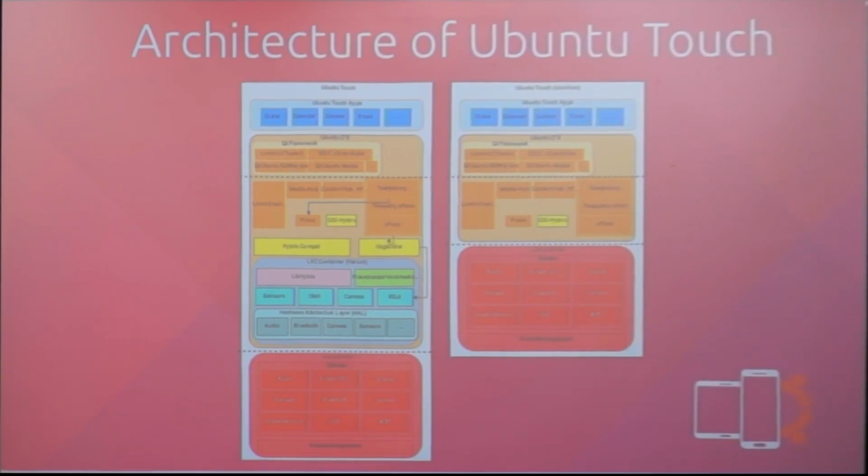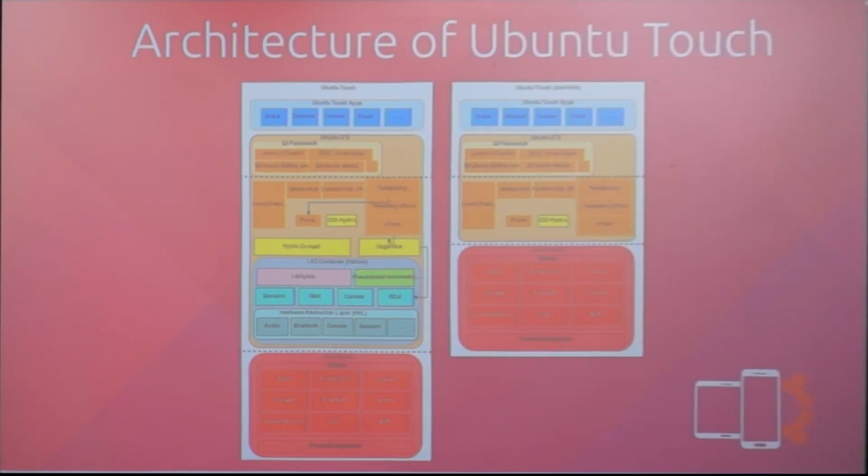And then beneath those middlewares, we have a minimal Android container, which runs the core components of Android plus the Android hardware abstraction layers. This allows us to reuse the Android drivers and run on a large number of Android-based devices.